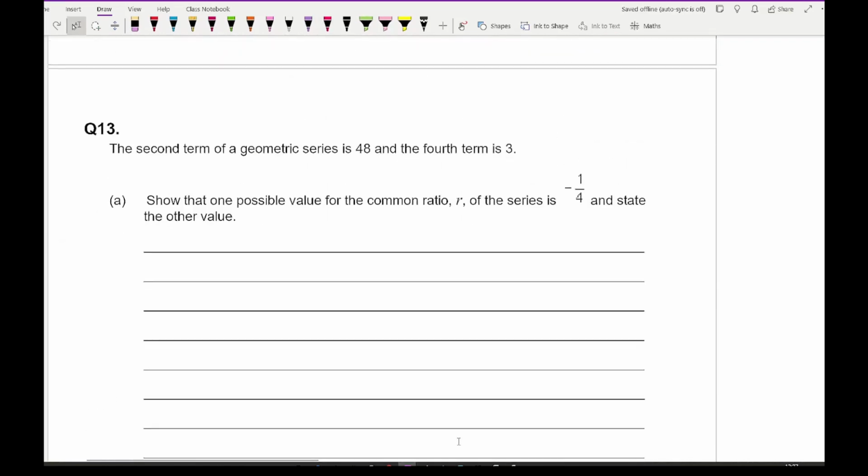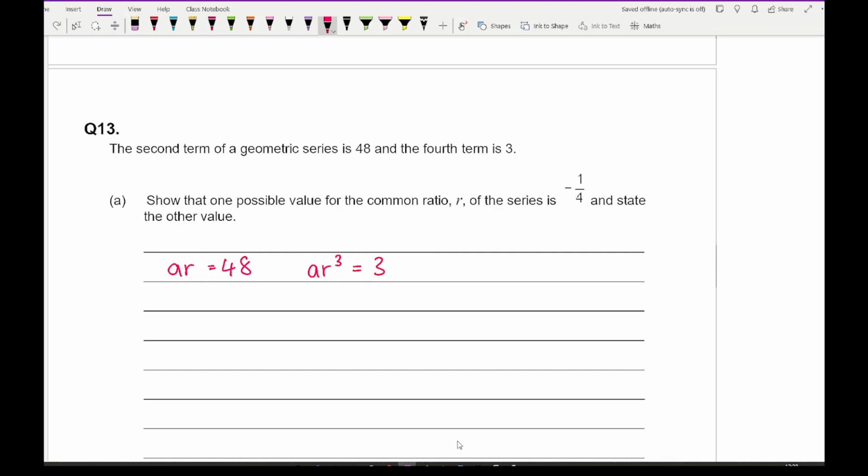Then moving on to question 13, it says that the second term of a geometric series is 48 and the fourth term is 3. Show that one possible value of the common ratio r of the series is minus 1/4 and state the other value. So for this we know that AR is going to equal 48 because that's the second term. And we know that the fourth term, which is AR cubed, is 3.